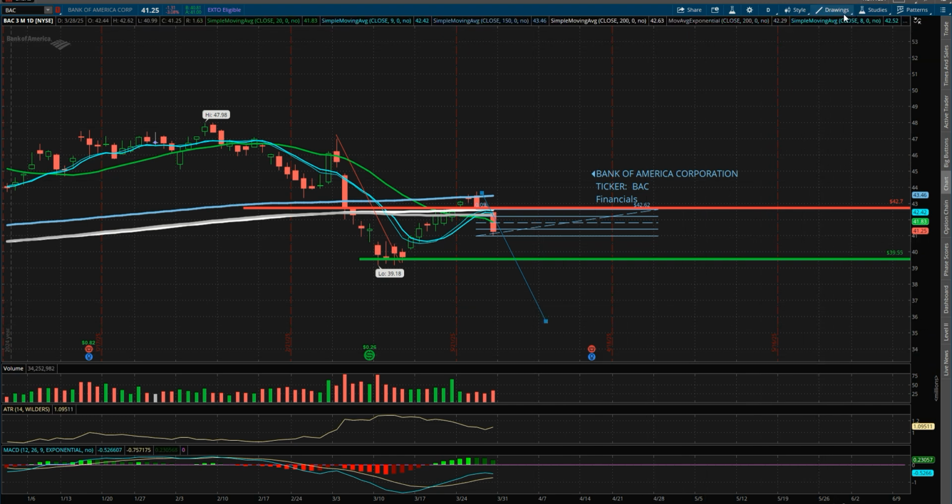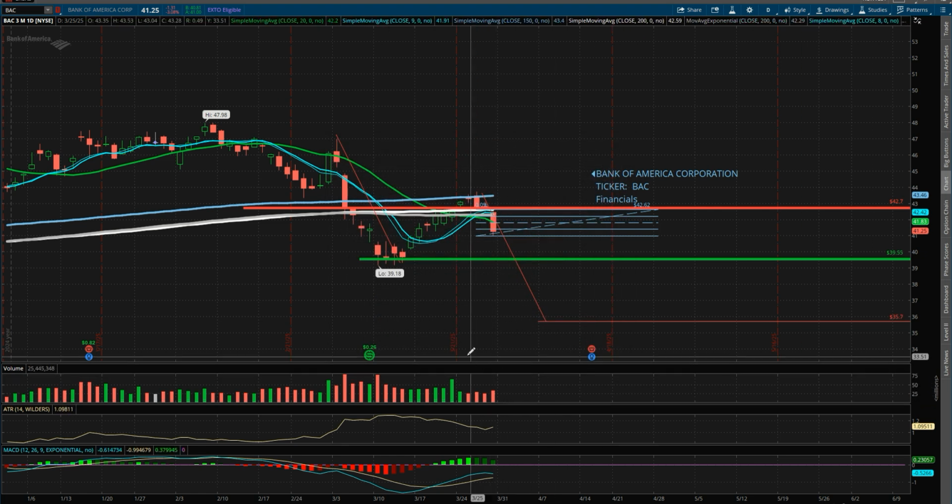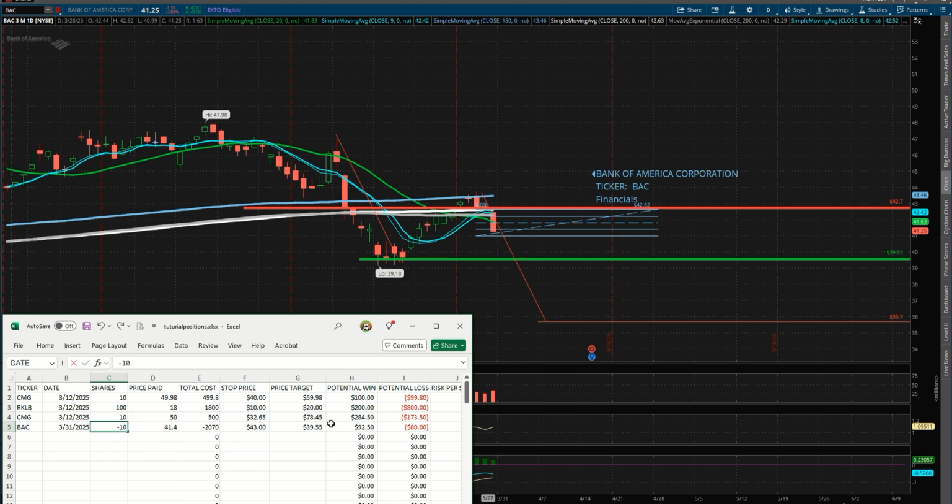And that price is 35.70. So let's say we do break through here and we get down to, we'll change that back to 100, and we get down to 35.70, which is our next support area.